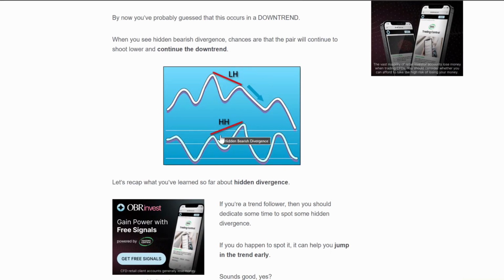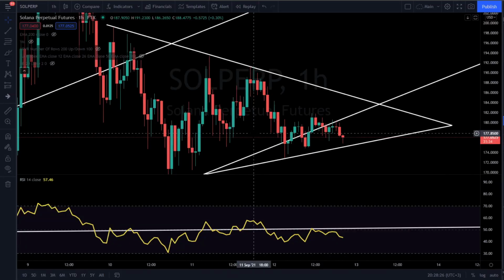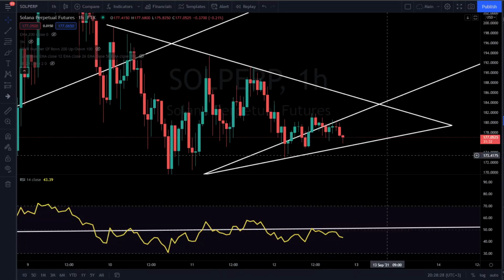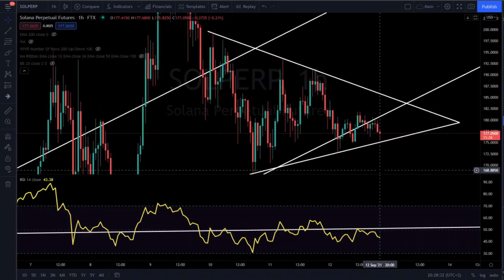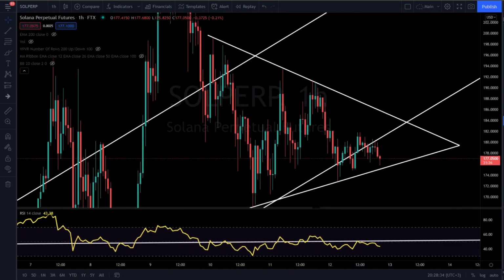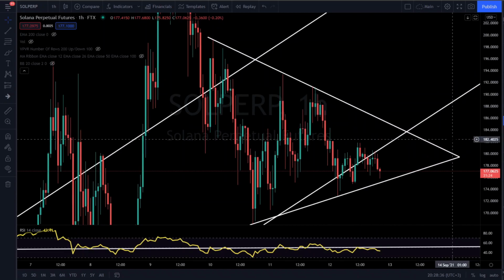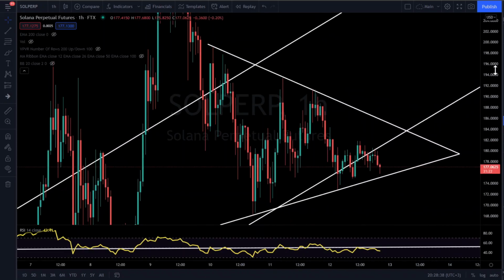On the momentum indicator, or the RSI in this case, we created a higher high, and on the price action we created a lower high. So that is a hidden bearish divergence. So it doesn't look good. When you add all of these things together, it doesn't look good for Solana.